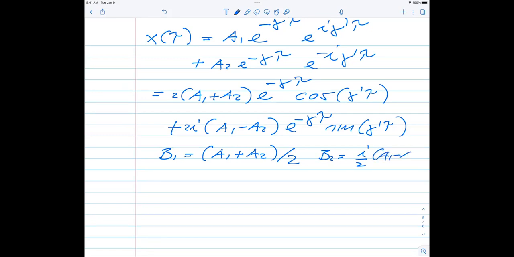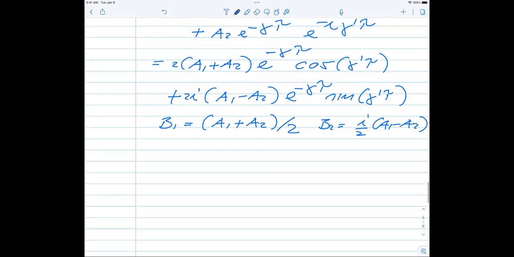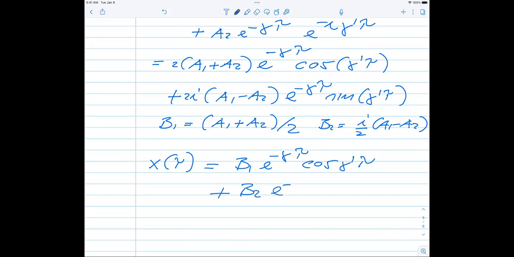So then I can rewrite everything: x of tau is now equal to a constant B1 times e to the minus gamma tau times a cosine of gamma prime tau, plus B2 times e to the minus gamma tau times sine of gamma prime tau. And this is my oscillatory solution here.